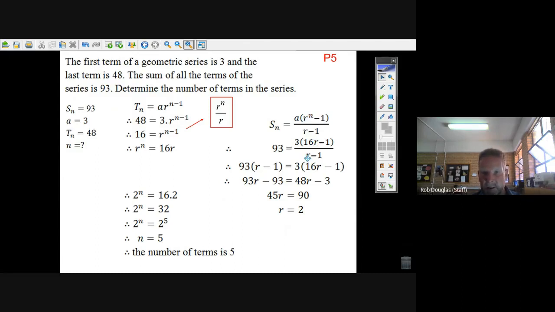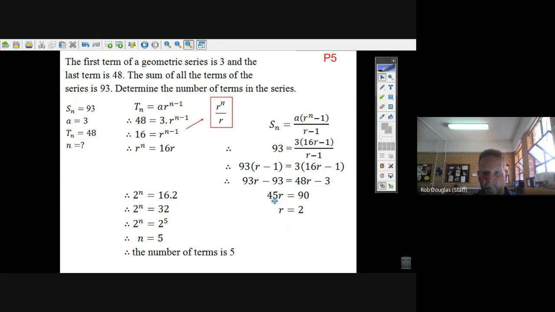Well, that's pretty interesting. Now let's just take a look at what we've got here. We've got r minus 1 here. We multiply both sides by it. It cancels. We go 3 times 16r is 48r. 3 times minus 1 is minus 3. 93r. 93 times minus 1 is minus 93. We add 93. We subtract 48r.